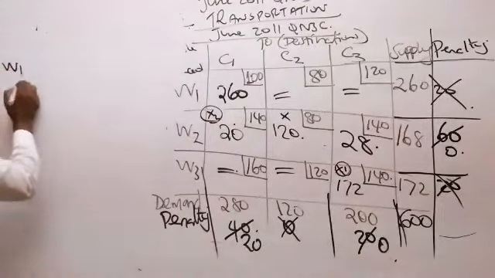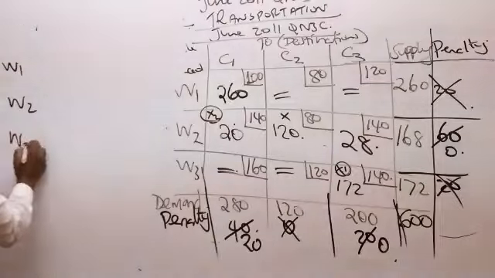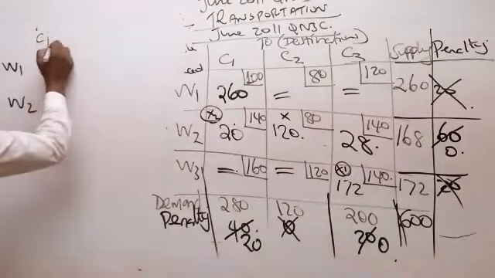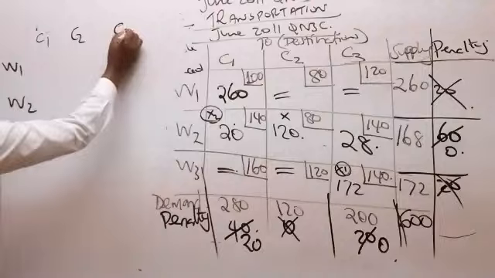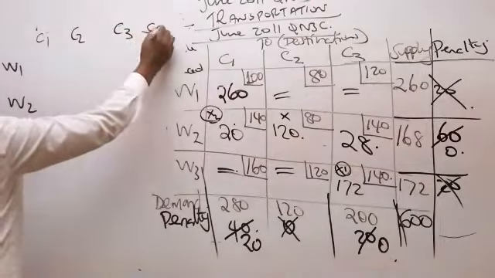So we have W1, W2, W3, and then we have C1, C2, C3. And then of course we have the supply.